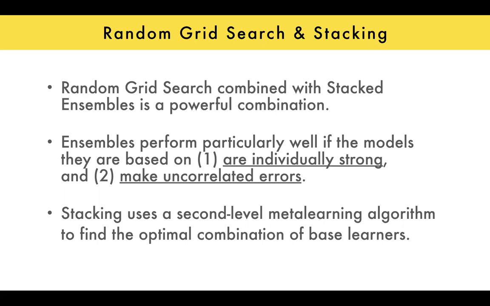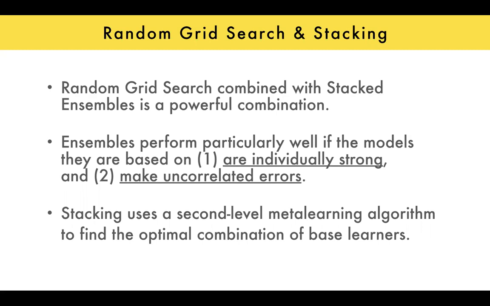The reason these two things work well together is that stacked ensembles do well if they have diverse collections of models together. So one way to get a diverse set of models to do stacking with is to randomly generate them.